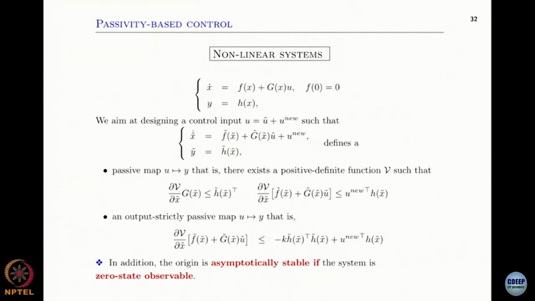And this on the other side is the power in the system. If you integrate all that, you will get the energy balance equation: the supplied energy, the dissipated energy, and the difference between the initial energy and the energy at any time t.